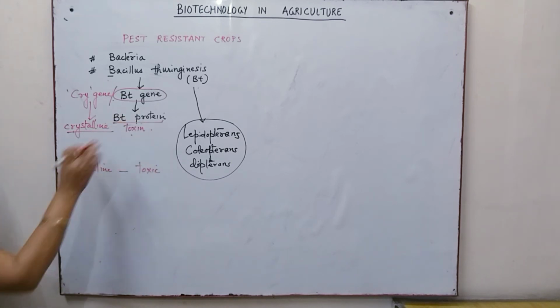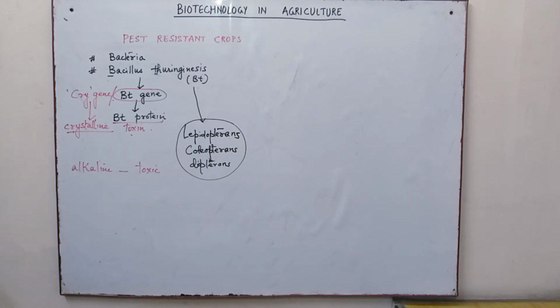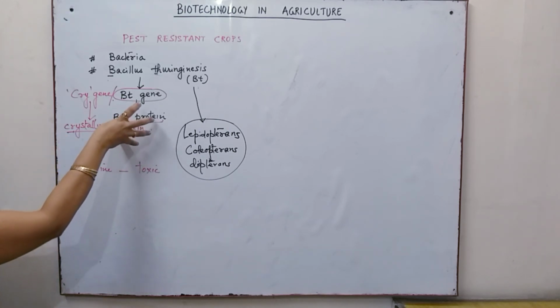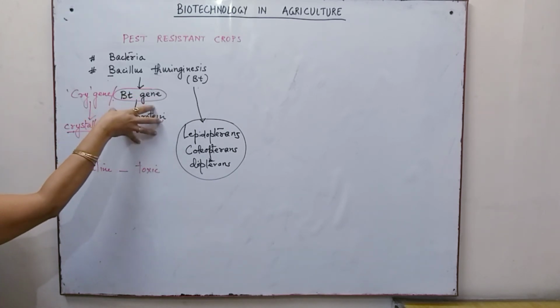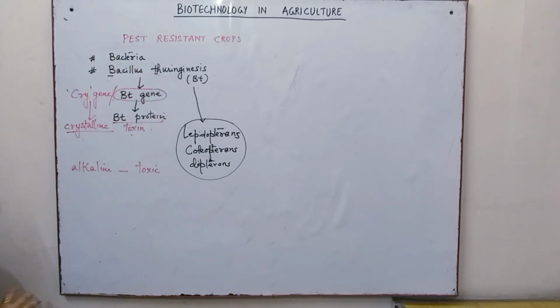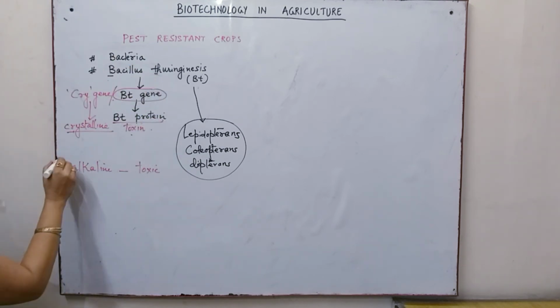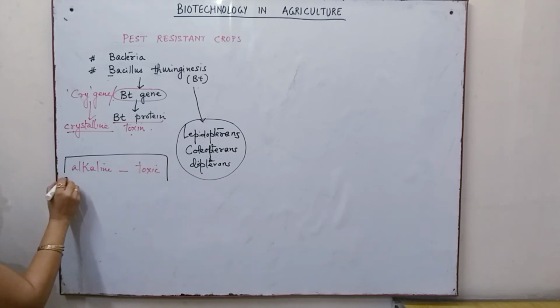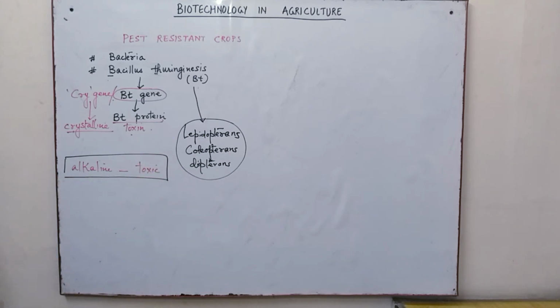This is the property of this particular protein. Now, it does not affect the bacteria. The bacteria protects itself because it does not have an alkaline medium. But if alkaline medium is provided, it turns toxic.